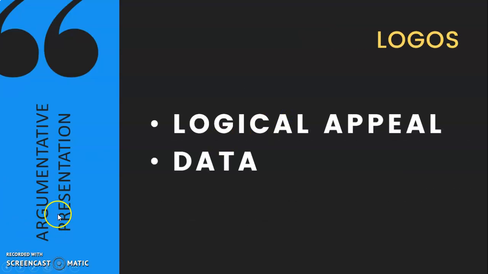Okay, it is supported by three things, which is logos or the logical appeal. It is the data, where you should support it by doing some research about your topic.